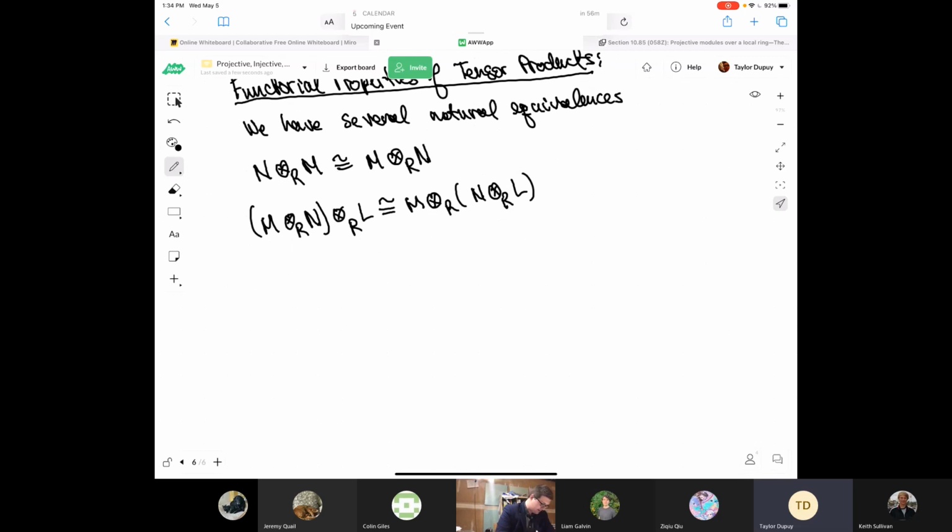So M tensor, we have a distributive property, with the direct sum L. So this is M tensor over R with N, direct sum, M tensor over R with L. So this is a distributive property, and then we have a cancellation rule.